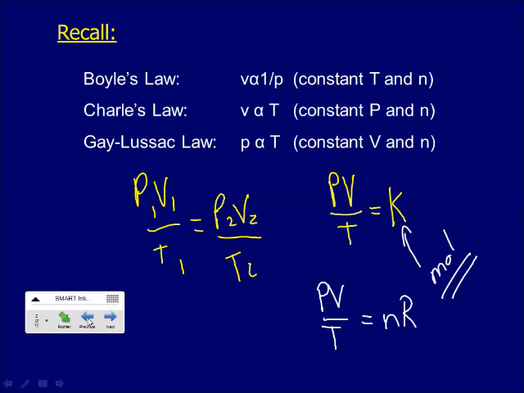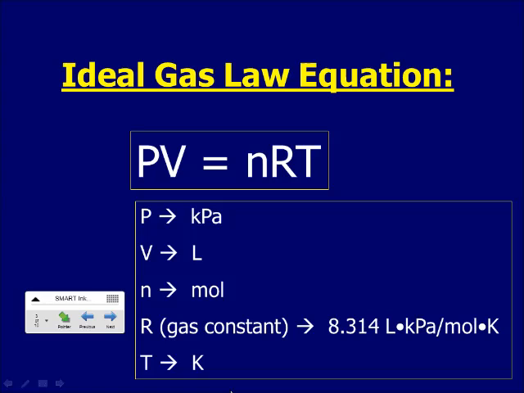So the combined gas law will always involve problems that deal with pressure, volume, and temperature at one particular scenario, and volume and temperature at the other scenario, what's the new pressure? So it's like we're starting with the gas in one environmental condition, and we're ending with the gas in a new environmental condition.